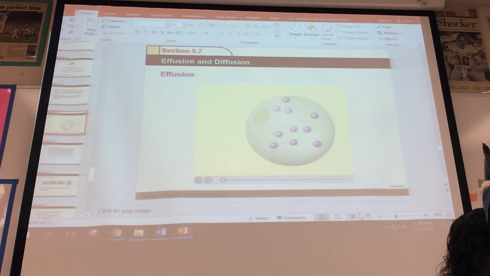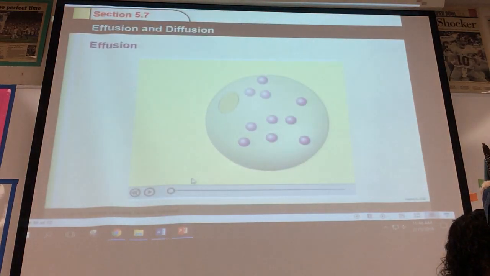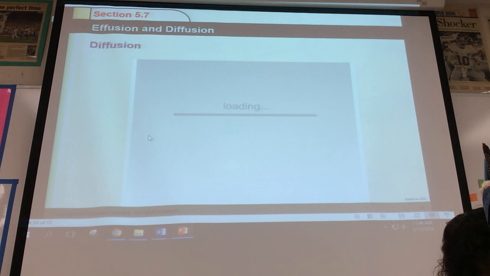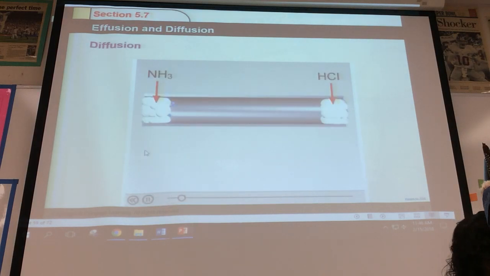And you can see effusion in action here. Effusion is the process of gaseous atoms flowing into a vacuum through a hole in a container. The rate of effusion of gas molecules at constant temperature and pressure is inversely proportional to the square root of the molar mass of the gas. What's also kind of cool is you can see diffusion here. Diffusion is a process whereby molecules of gas move to completely occupy a space, giving a uniform partial pressure.